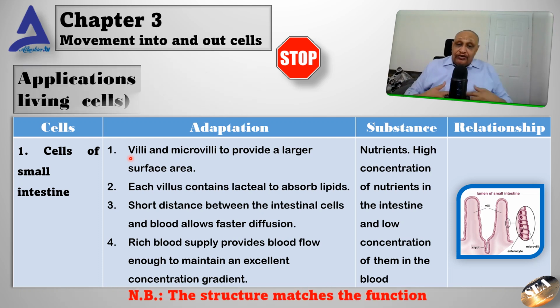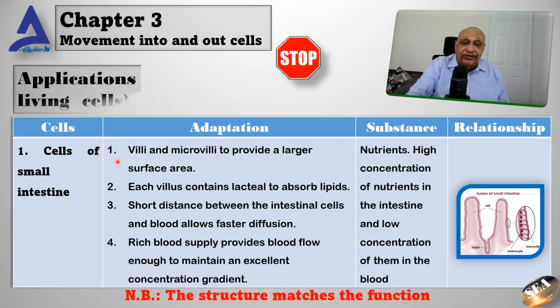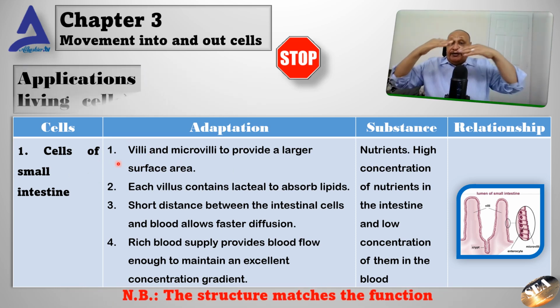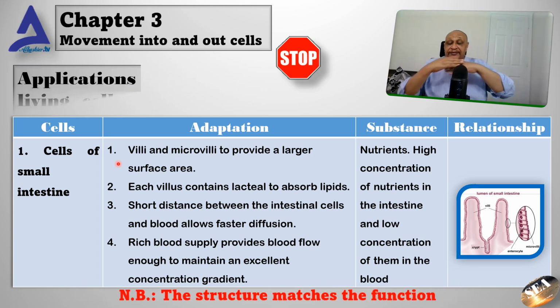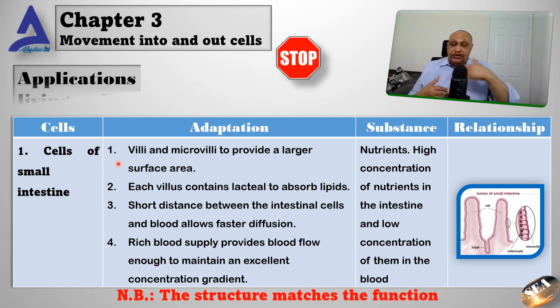So in order to increase this area, your cells are adapted by having villi and microvilli on their top surface area. And the apical area, or the top surface, is always directly facing the lumen of the intestine, the inner surface of the intestine.